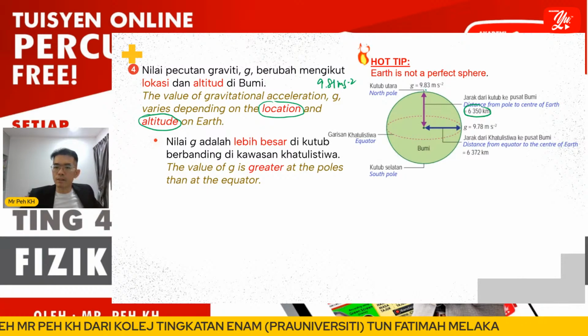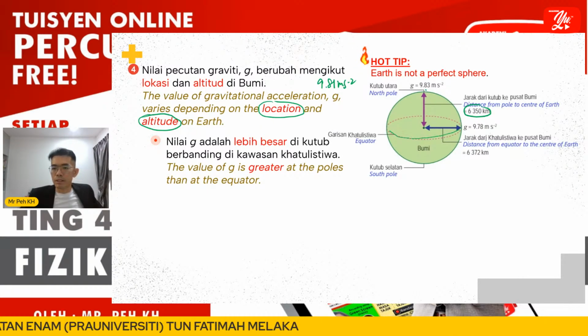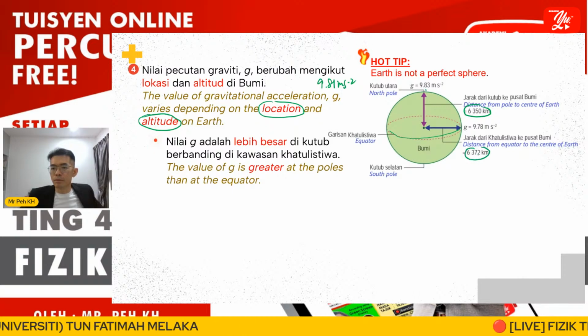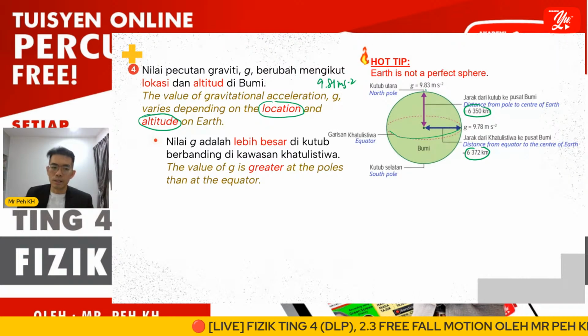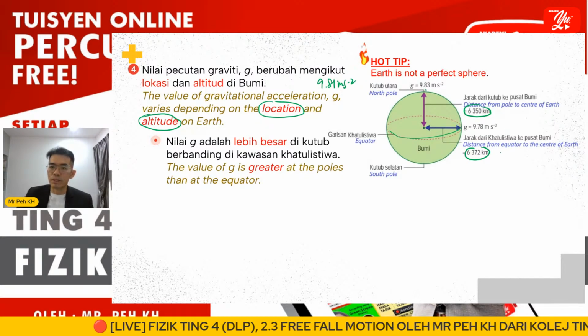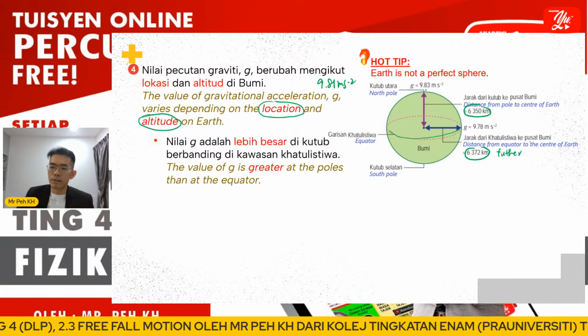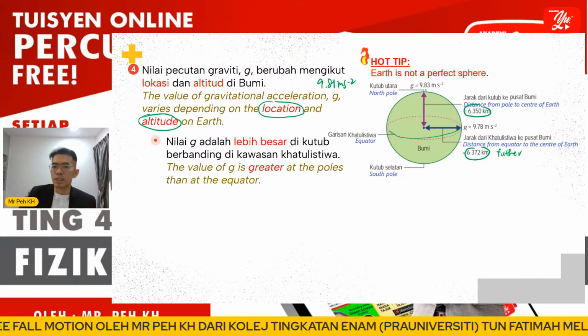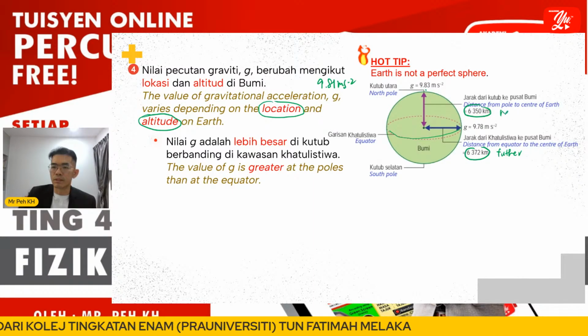Then the center to the equator, here this is the equator, the distance is 6,372. That means the distance from the equator to the center is further, compared to the pole to the center, which is nearer.